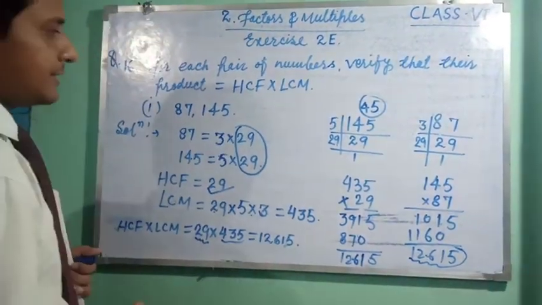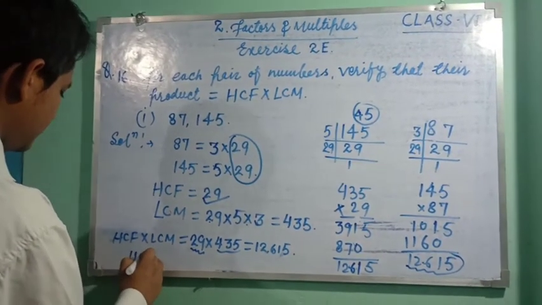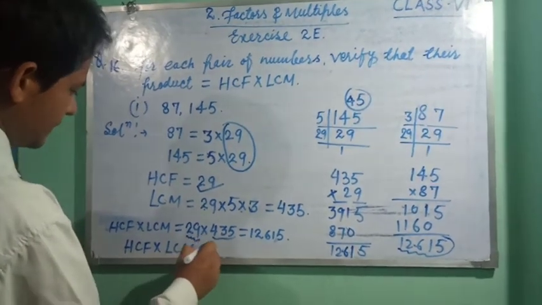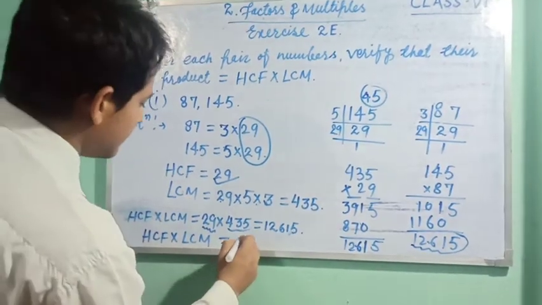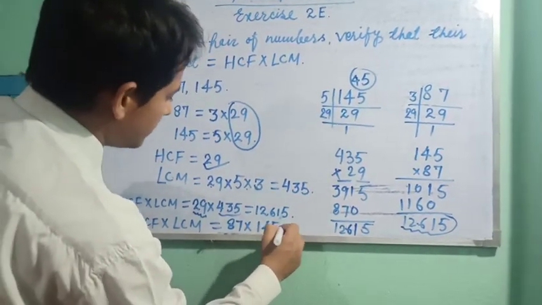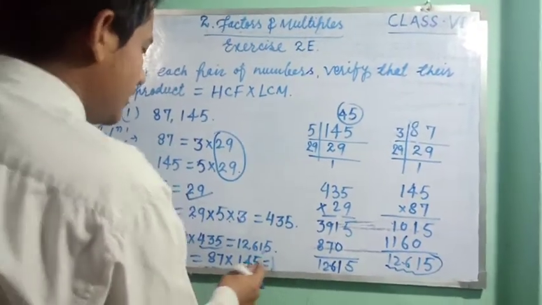Here we can say that HCF multiplied by LCM is equal to the product of 2 numbers. That means 87 multiplied by 145 is equal to the product of the 2 numbers. This is verified.